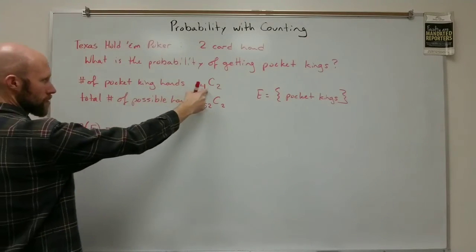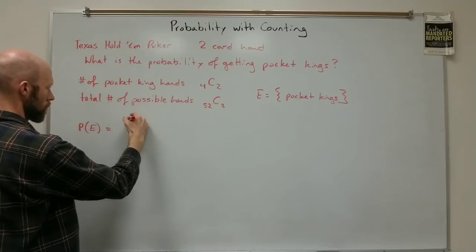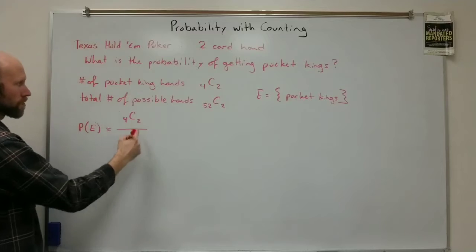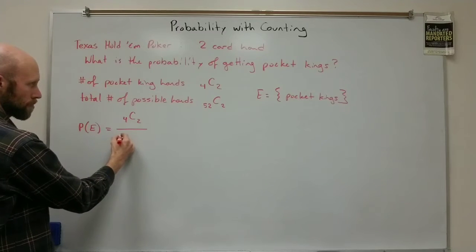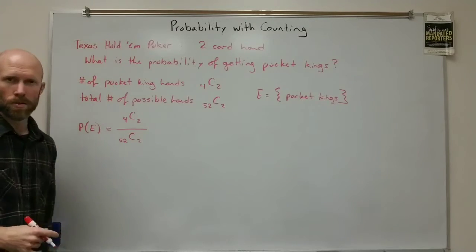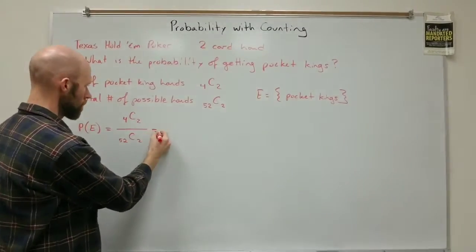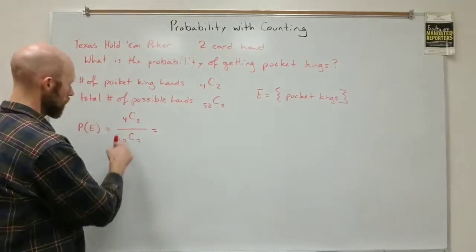Well, that is the 4 choose 2, which we'll write out, divided by the number of possible hands total, which is the sample space, 52 choose 2. And so when I calculate this out, it's going to be a fraction on top, fraction on the bottom. We can do a bunch of canceling.